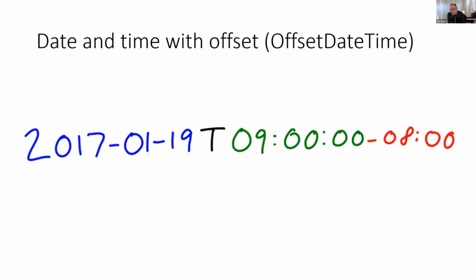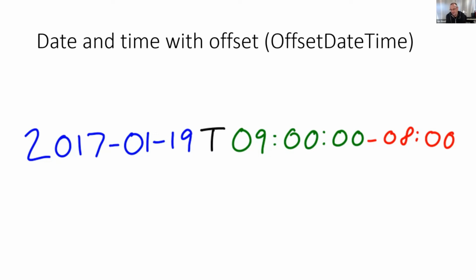Currently, the west coast of the US, so Los Angeles, for example, is on UTC-8, 8 hours behind UTC. And as of next week, it will be UTC-7 when their clocks go forward. So this -8 at the end here is saying that would be an offset date time in Los Angeles. But really importantly, this does not include a time zone.